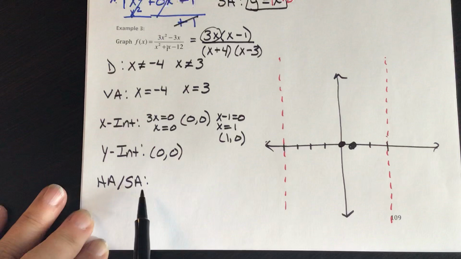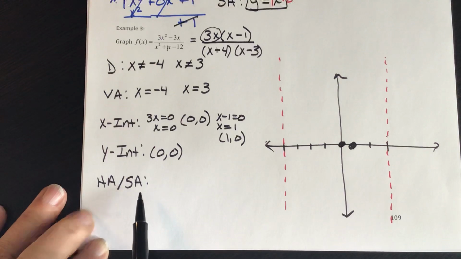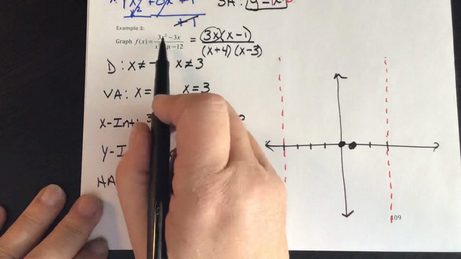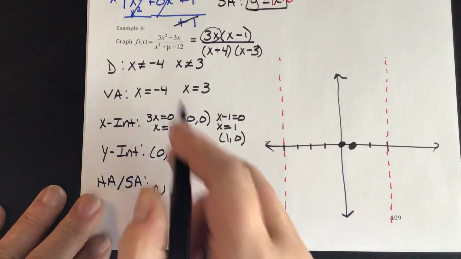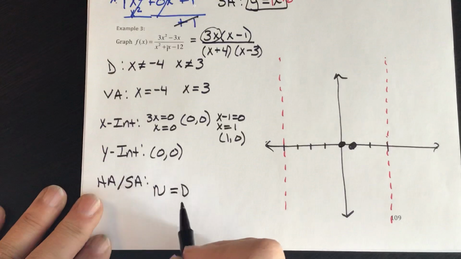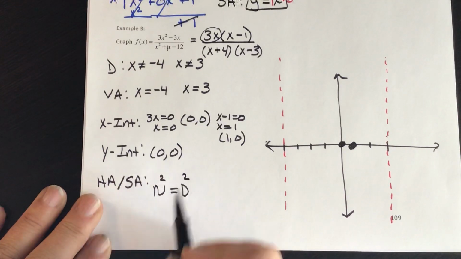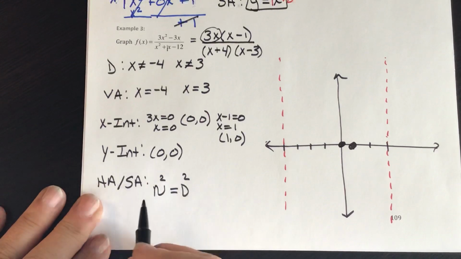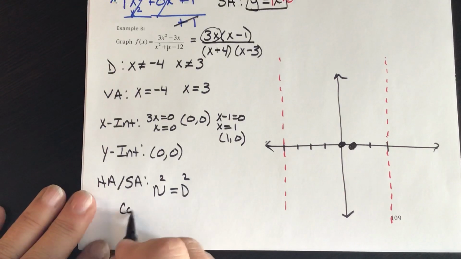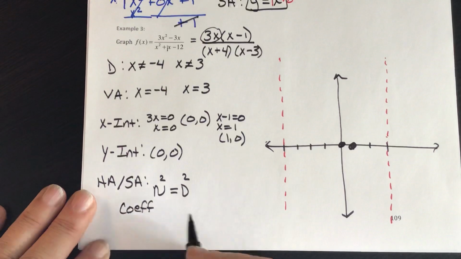Now for horizontal and slant asymptotes. Comparing our degrees, the degree in the numerator and the degree in the denominator are equal. They're both squares. So because the exponents in the numerator and denominator are equal, we're going to look at the coefficients.